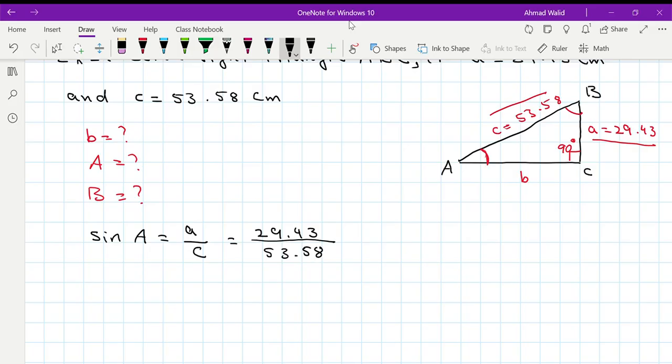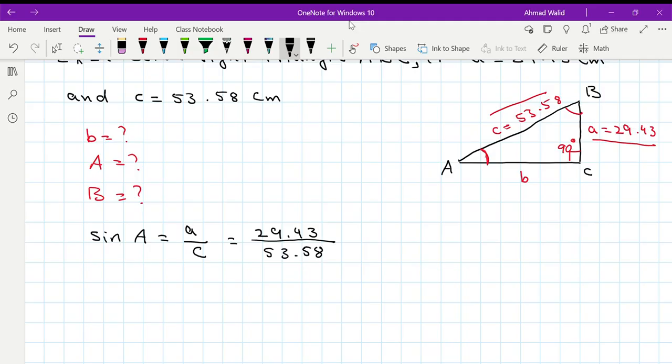Correct? You can do the division here and you end up with another decimal number, but please do not round off. Keep it that way. I will do it. I will see how much that is. Can we keep it or not? Let's do it. I have 29.43. I will divide this by 53.58.